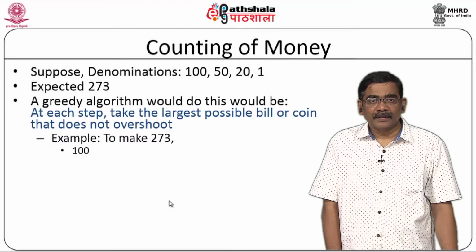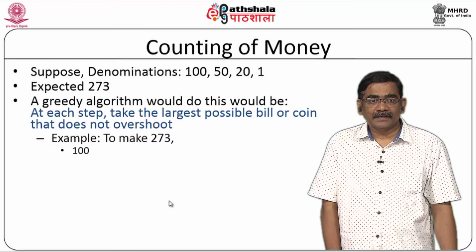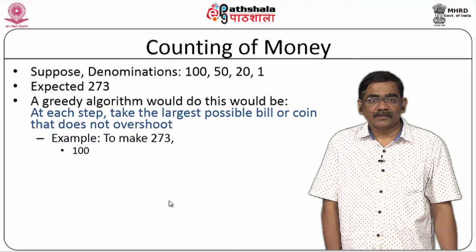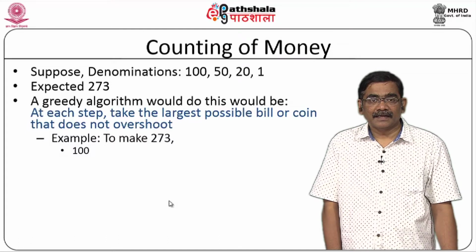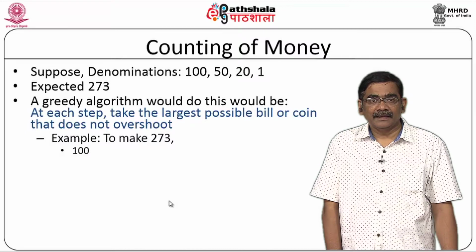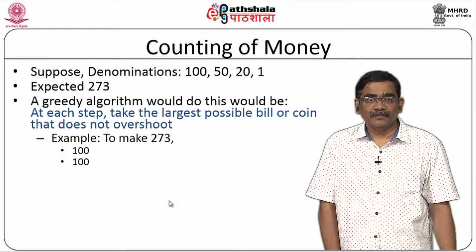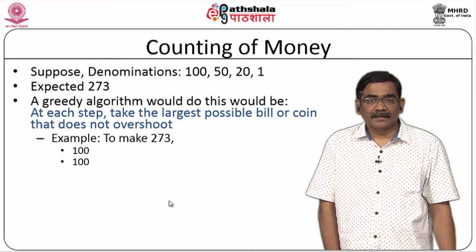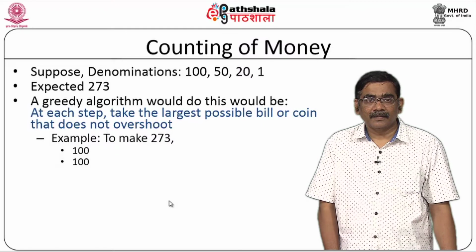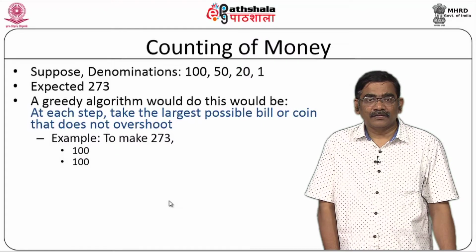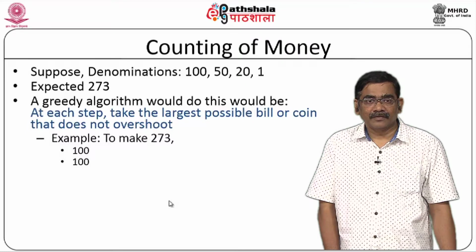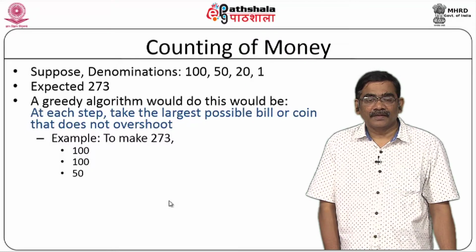So, now the total amount is reduced as 273 minus 100, that is 173. I am giving another 100. So, that means it becomes 73. So, I am looking for the next largest denomination that fulfills the request. It is going to be 50. So, then it becomes 23.